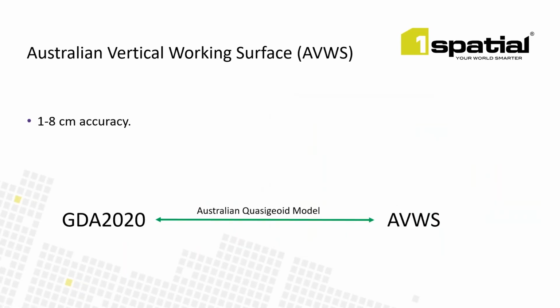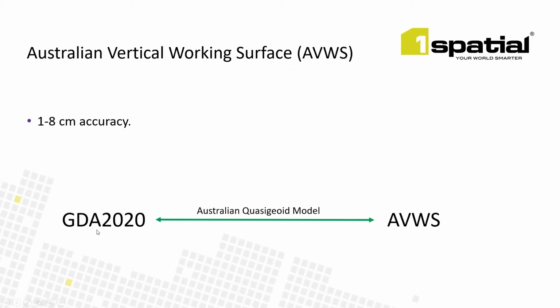At present, certain applications like automated navigation systems in vehicles create demand for more accurate calculation of height, and therefore require 1 to 8 centimeter accuracy. A new geoid surface named the Australian Vertical Working Surface has been introduced.